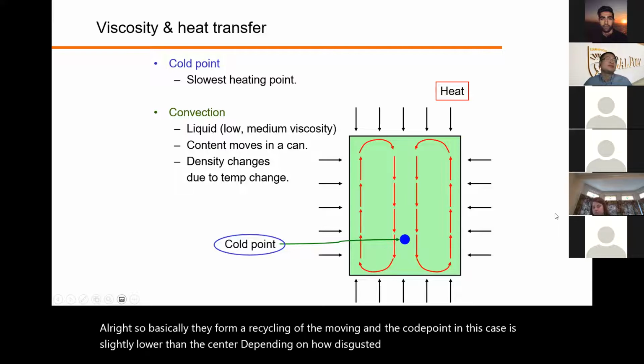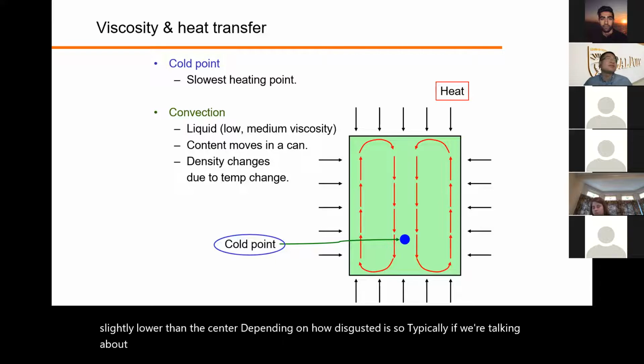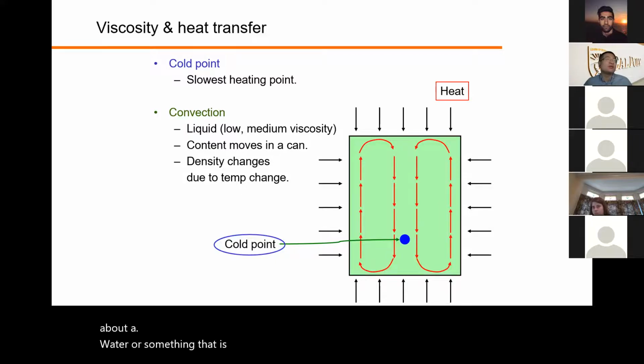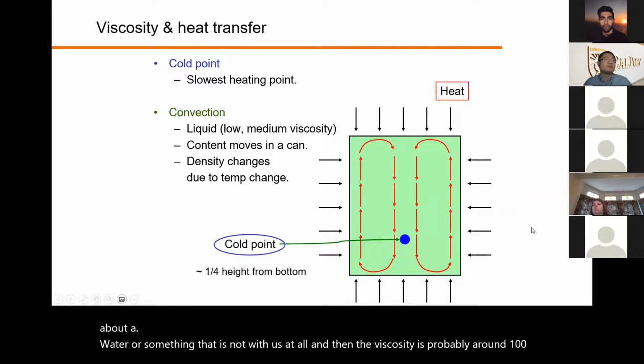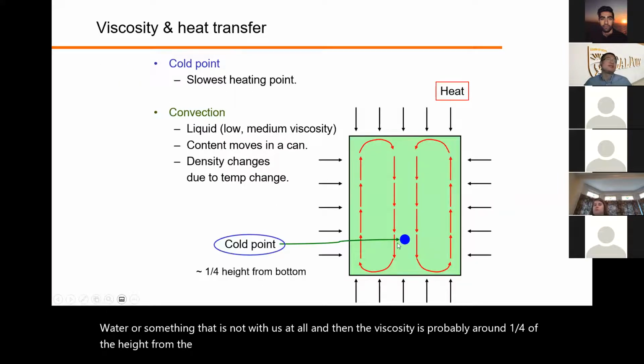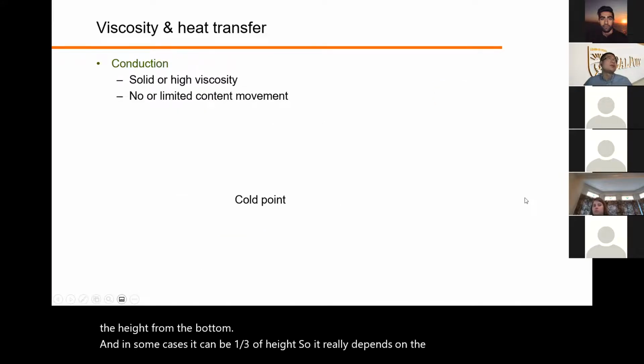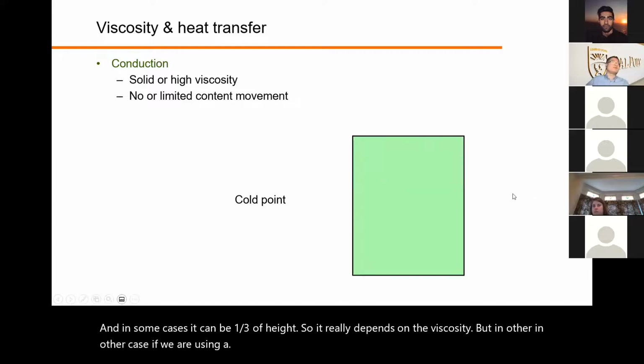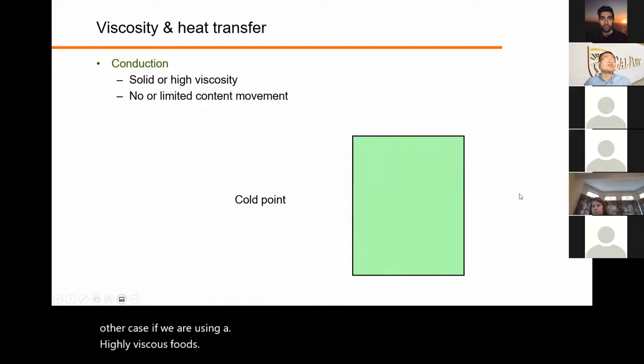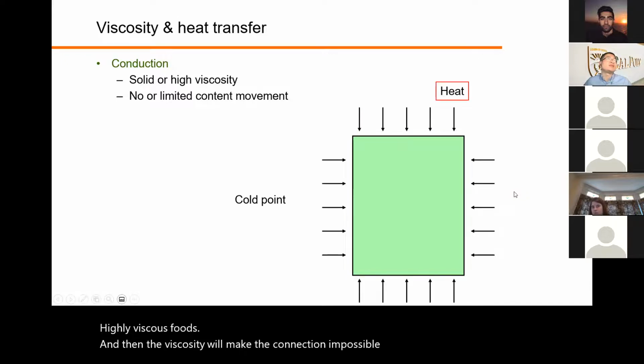Okay, so typically if we're talking about water or something that is not viscous at all, then the cold point is probably around 1/4 of the height from the bottom. In some cases it can be 1/3 of the height, so it really depends on the viscosity. But in other cases, if we are using highly viscous foods, then the viscosity will make convection impossible, and the only thing happening is conduction.